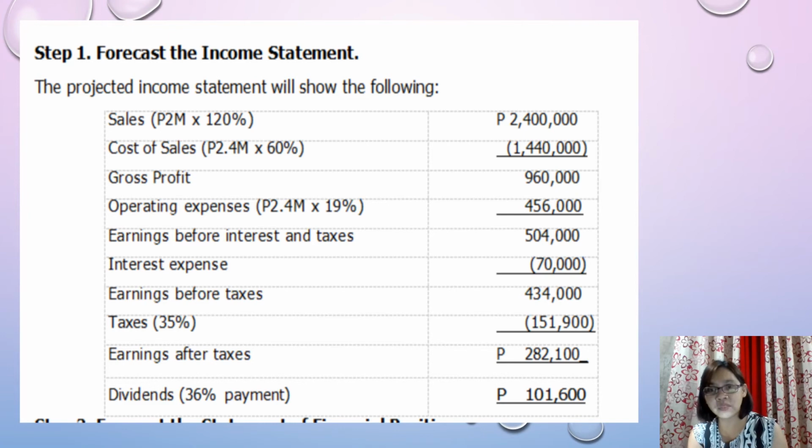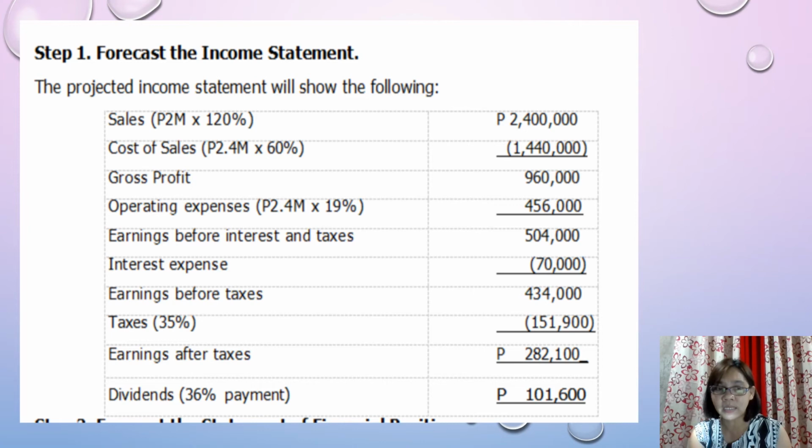Same lang din po doon sa copy po ninyo na as of December 31, 2019. So, yung 35% po ng 434,000 is 151,900. Okay, then ililess po natin yung dalawa, yung earnings before taxes and then the taxes. So, yung magiging earnings na after taxes is 282,100.